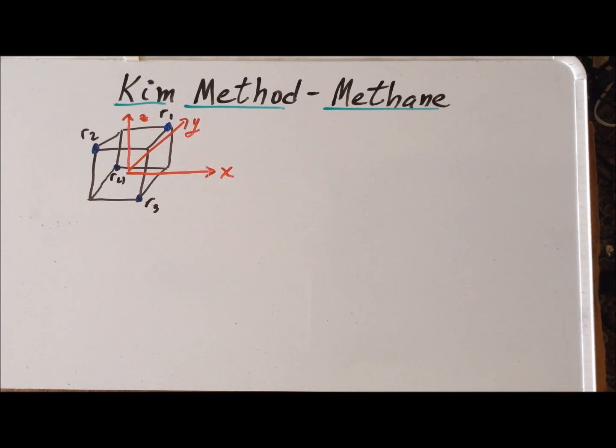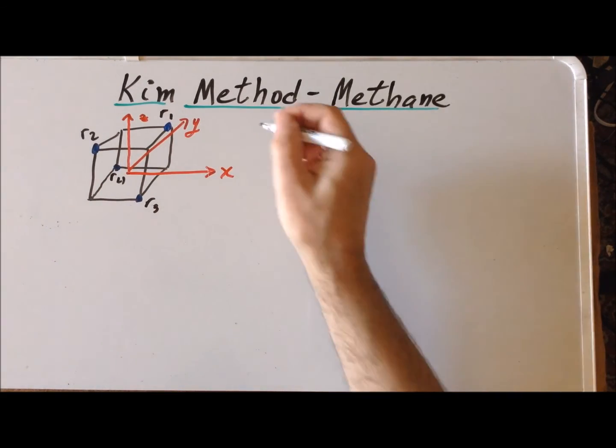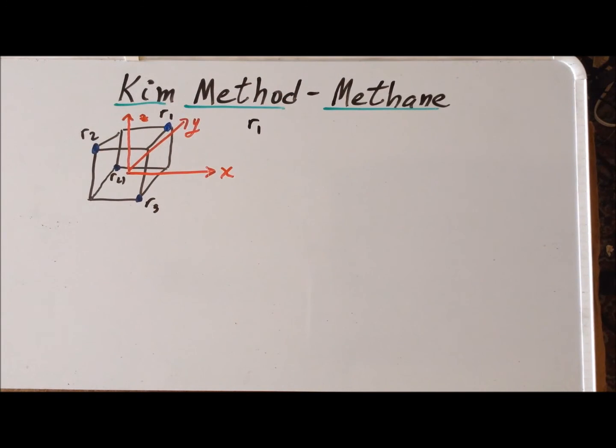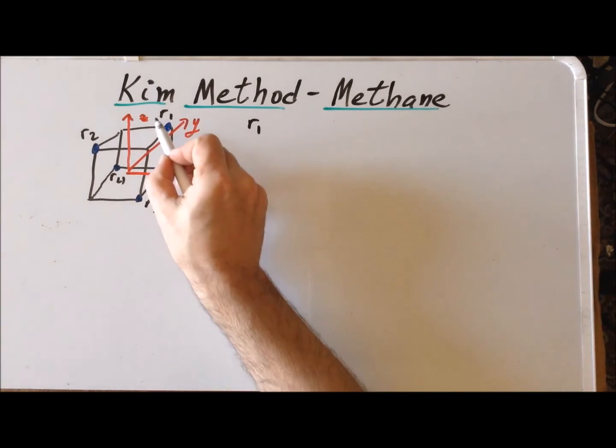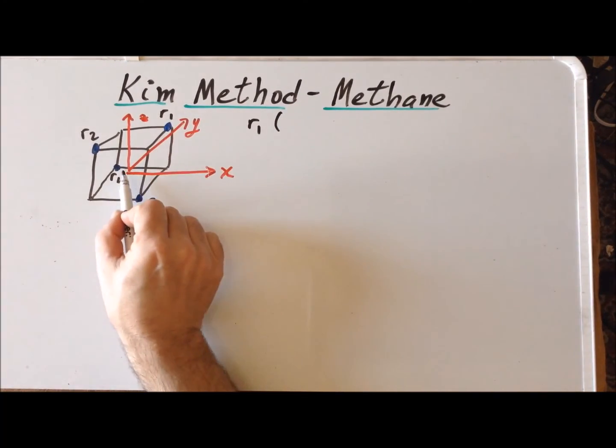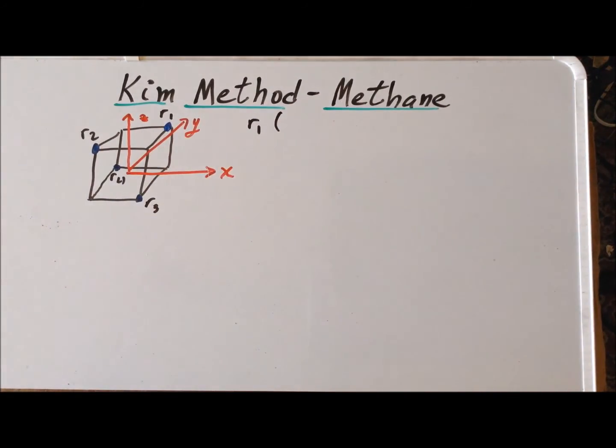For each of these particular points, we want to assign coordinates. And the coordinates have to contain the full symmetry of the molecule involving the Td symmetry, because methane belongs to the point group Td. For the point R1, we notice that to get to this point we go 1 unit in the x direction.